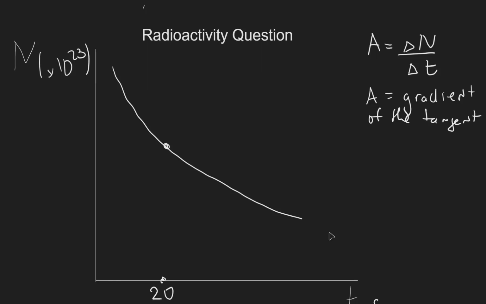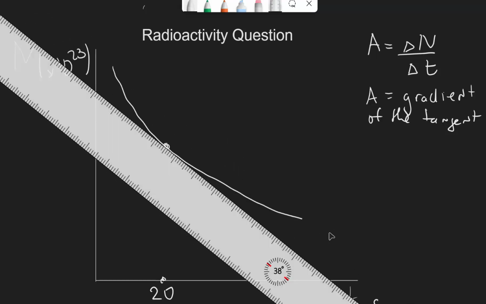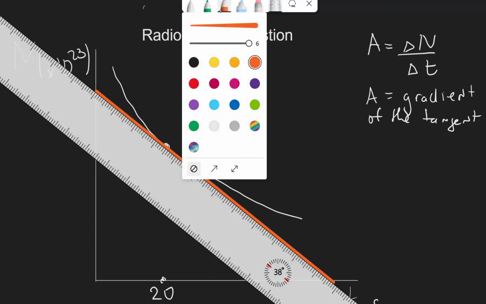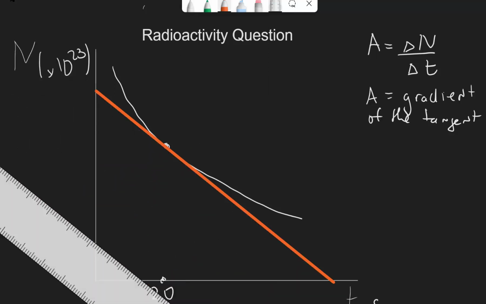So let's draw a little tangent. What I'm going to do is essentially just find a line that follows the general trend. So we'll just do that in a different color. So let's say that here is our tangent. And if you do that on the question paper, which I've done, not on my digital whiteboard, I got a couple of numbers here.